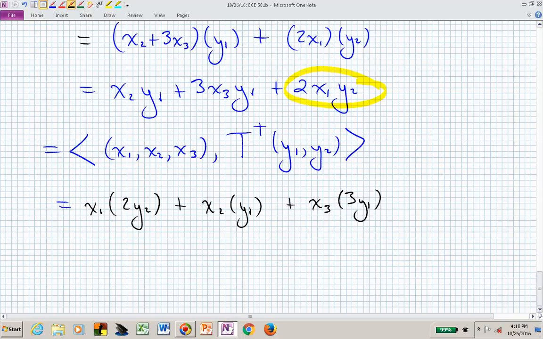All I'm doing is rewriting that second line so that I can explicitly pull out the vector x1, x2, x3, and now that is supposed to equal some inner product on these 3 vectors.